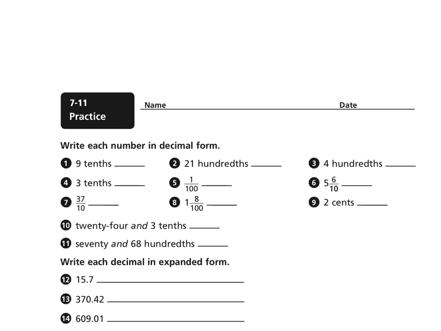Let's go over to our practice here, and these should be new problems for you. I'm going to set my timer on my iPad for 3 minutes, and I want you to see how many you can get done, starting with number 1, going through number 11. You might get all 11 done, you might just get 3 done, but in the next 3 minutes, I want you to practice putting each one of these into decimal form. Are you ready to go?